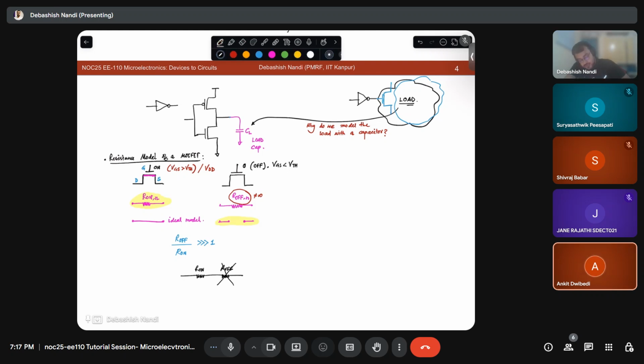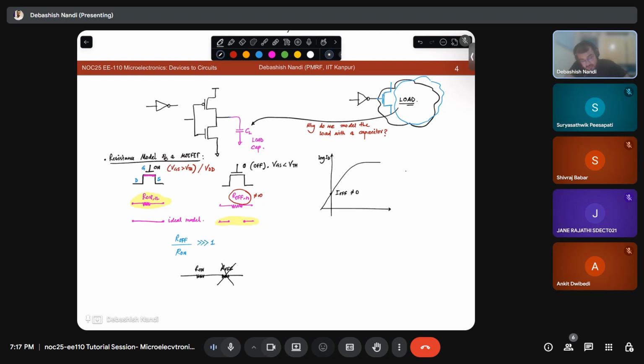Because for the subthreshold current slope concept, we have a non-zero I off. So there should be a finite. Exactly. So your I off is not zero. So this is the leakage current you have present in your device. We have discussed this in detail, right?